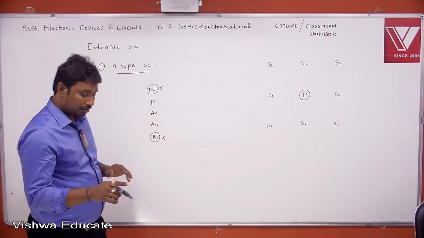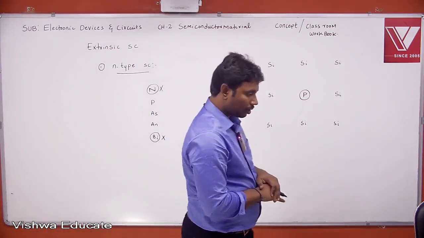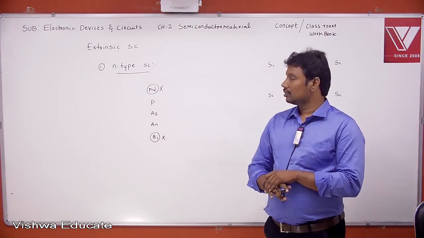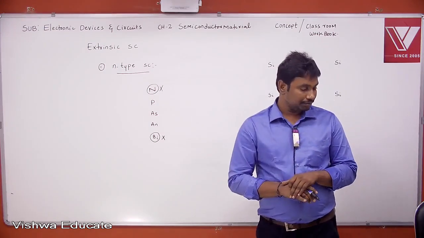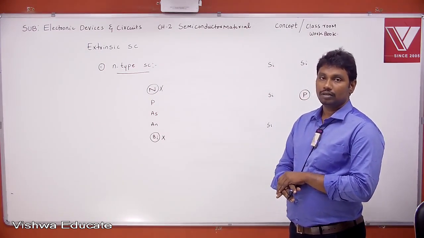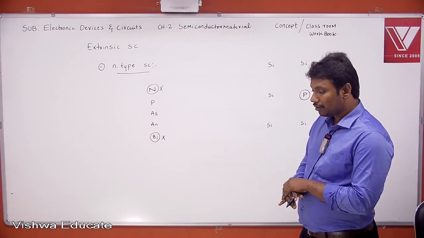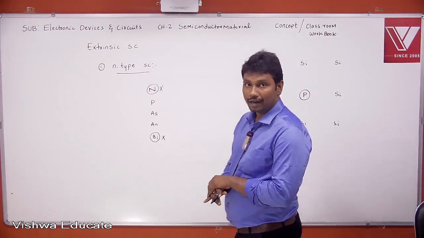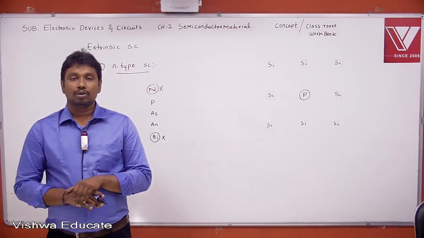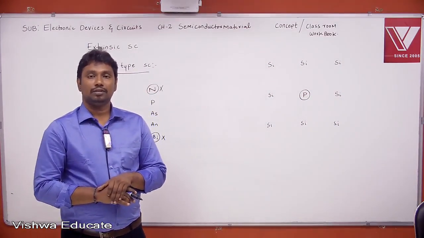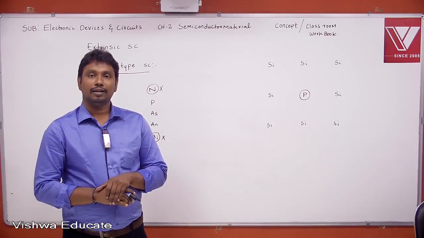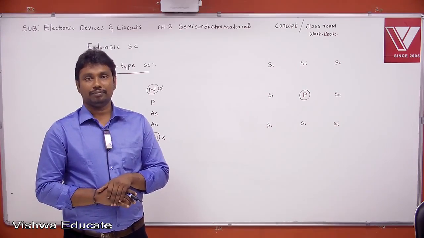Okay, yeah, note, write down the notes. These are formed by adding pentavalent impurities to the pure form of semiconductor like silicon or germanium.